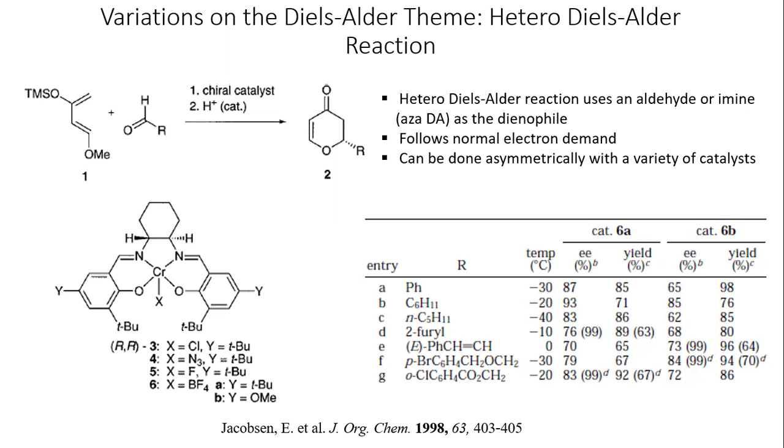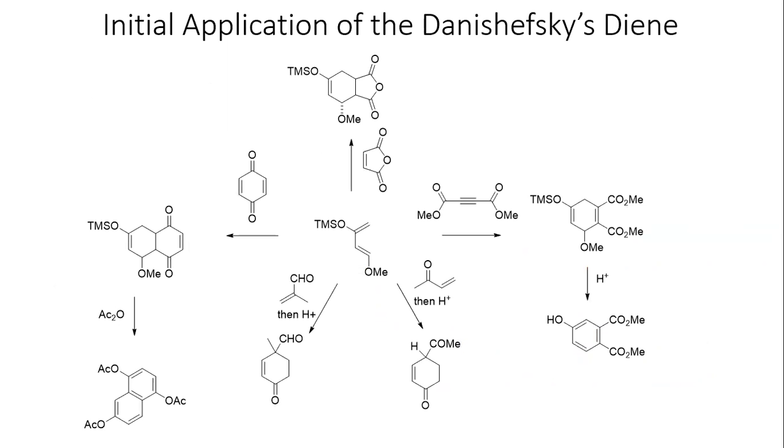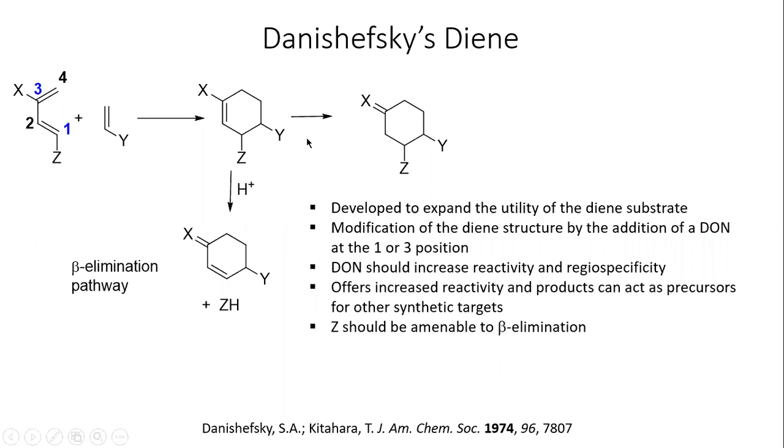So in this case, your hetero Diels-Alder reaction is happening between the Danishevsky's diene here, and this is some work that was done by Jacobsen in 1998, published in the Journal of Organic Chemistry. But you have your diene, which is the Danishevsky's diene, and then your dienophile. And one of the things that the hetero-Diels-Alder reaction takes advantage of is, if you remember back here, when we first talked about the Danishevsky's diene, we were talking about how the Z group, whatever the Z group is, it needed to be amenable to beta elimination.